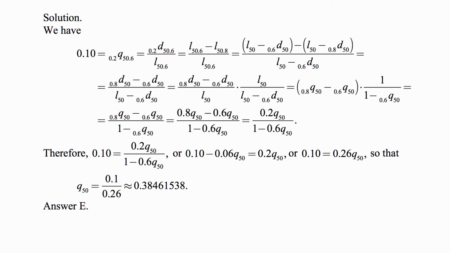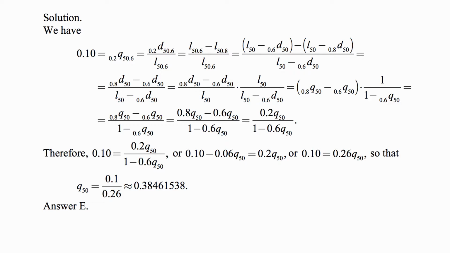And here's a solution. So we are told that the probability of dying within 0.2 years for a 50.6-year-old is 0.10. And that's the number of people dying in that period divided by the population size at age 50.6. And the number of people dying is the change in the population size from age 50.6 to age 50.8.